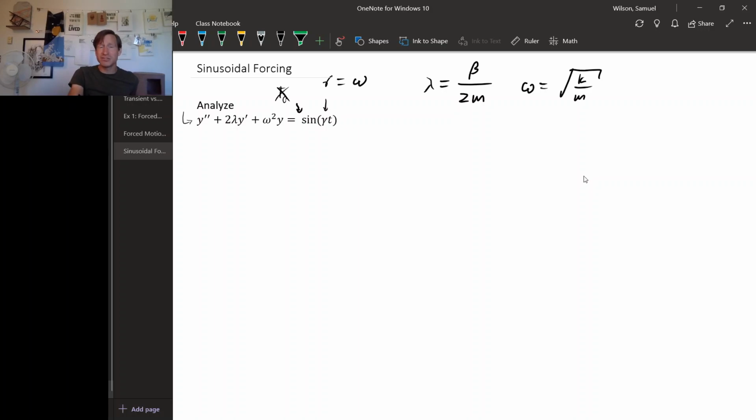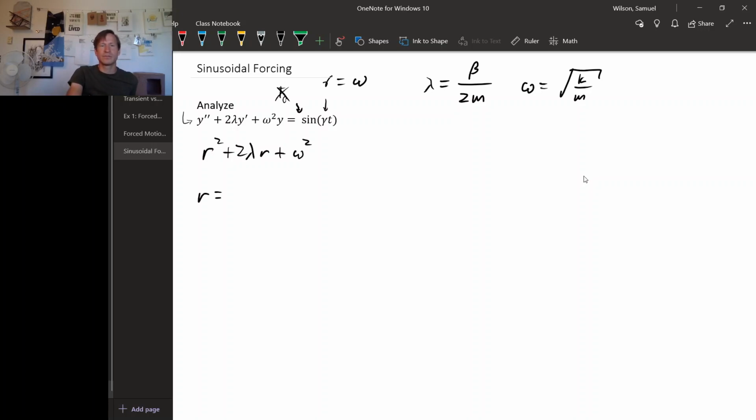To find a particular solution, of course, we have to know what the complementary solution is so that we don't accidentally overlap with it. So the characteristic equation for the associated homogeneous equation is r squared plus 2 lambda r plus omega squared.